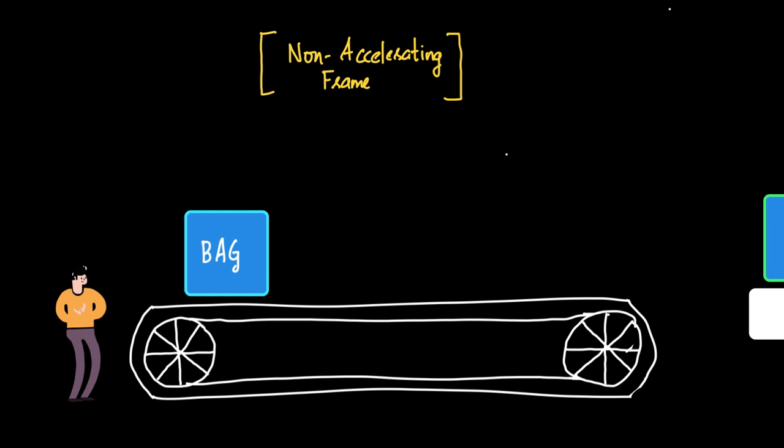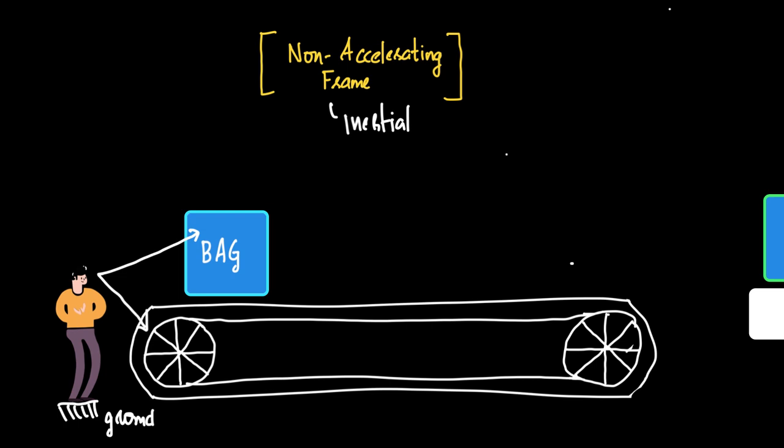So now what we'll do is we'll try to understand the non-accelerating frame, the inertial frame. What's happening here? A person is standing on the ground, and what is he observing? He's observing two objects, one which is the bag and the other which is the conveyor belt.